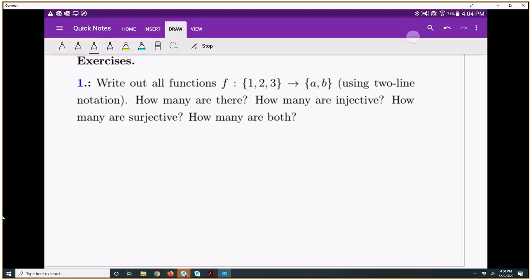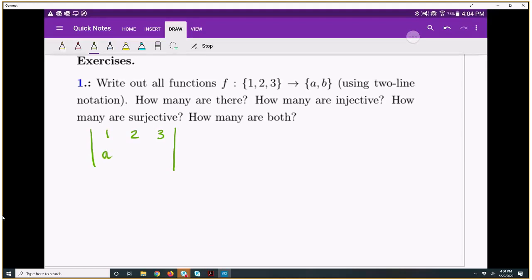So as when we were writing elements in the Cartesian product, I think it's going to be helpful to be a little bit orderly here. So I'm going to use the two-line notation, which is the matrix notation. And always across the top, when we're doing this, we just write the elements in the domain. There are 3 elements in the domain, so I'm going to write 1, 2, 3, and then close it off.